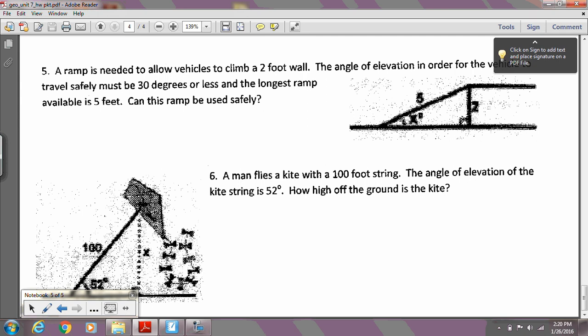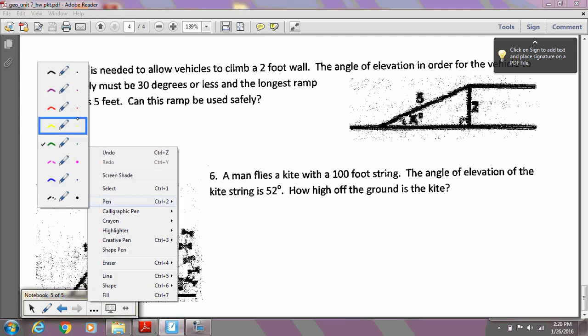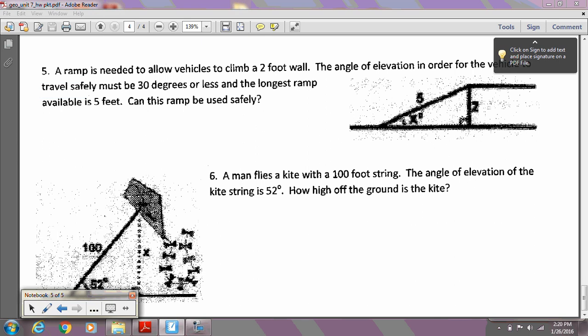So let's find the missing angle. My angle of reference is down here, x in the corner. You have the opposite side and the hypotenuse. So that means you use sine. Sine of x is going to equal 2 over 5. Since I'm looking for the angle, I know I will apply sine inverse to both sides.